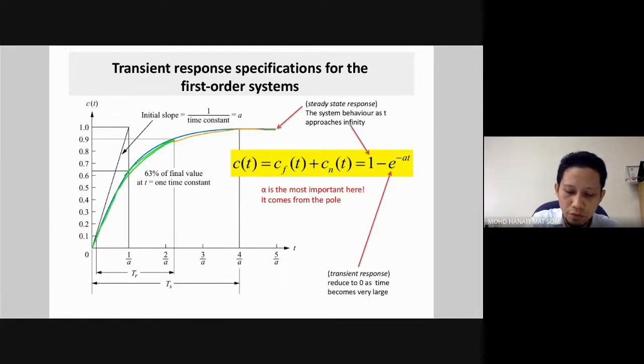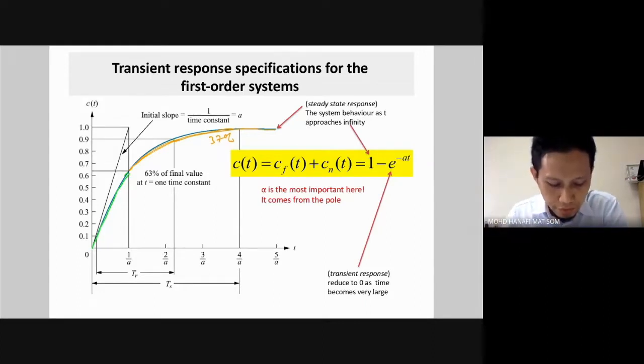So 37 plus 63 becomes 100. So it is two definitions with the same concept. 63% is not here, it's actually over here. So this is 37% decay of its initial value, or 63% of the final value.